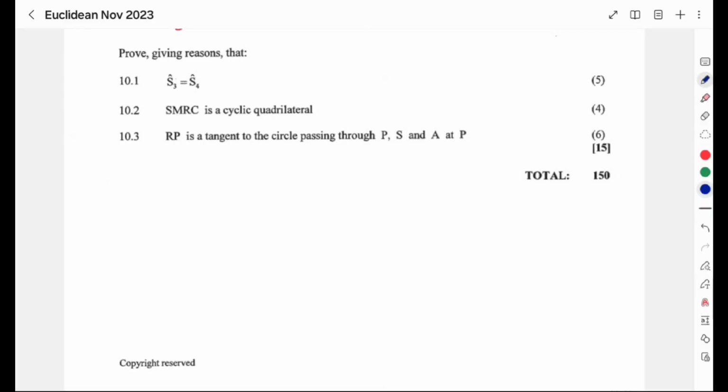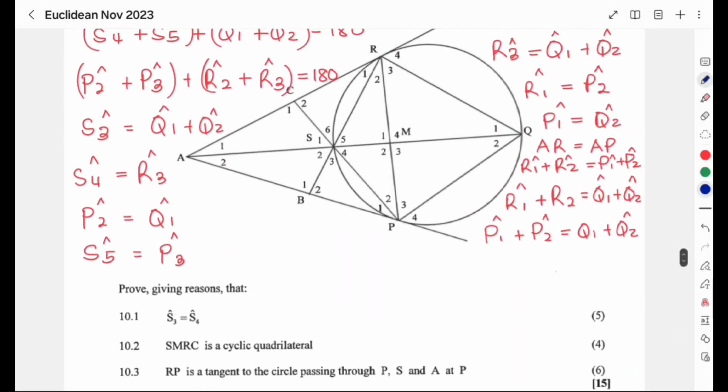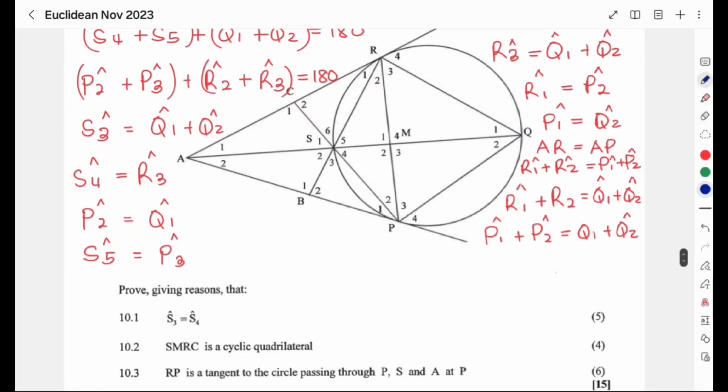So here, let us have a look at this figure. We need to prove that SMRC is a cyclic quad.